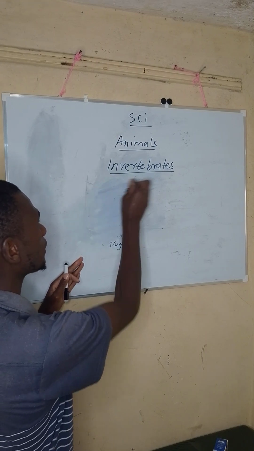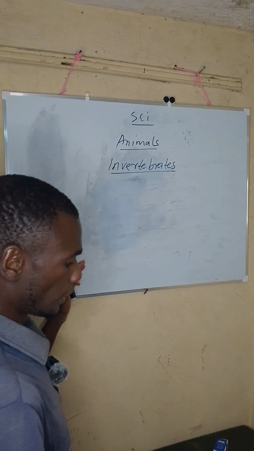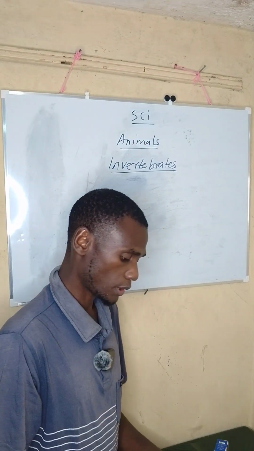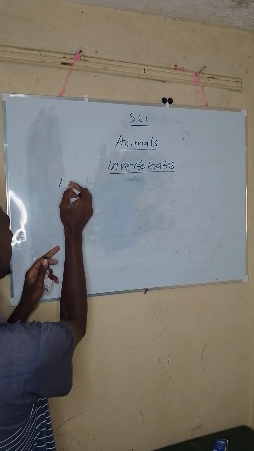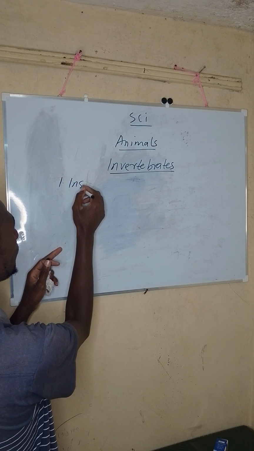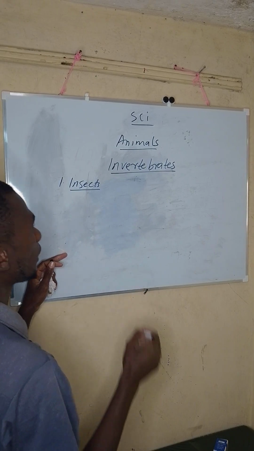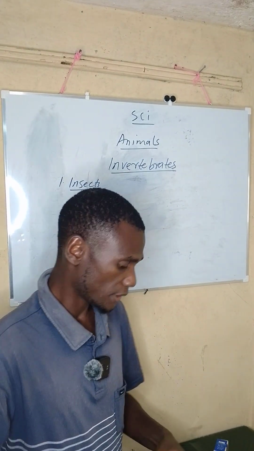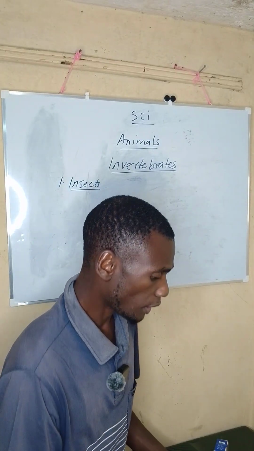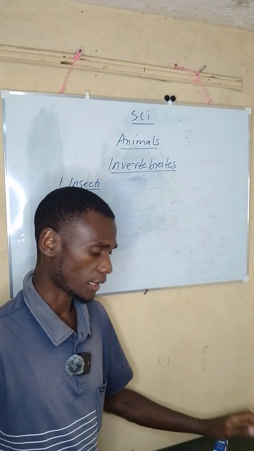So the first group of this animal is what we call the insect. So I will name it number 1 as the first group of these invertebrates. Now, these insects are small animals that we normally interact with.